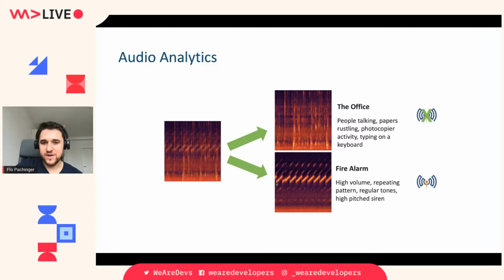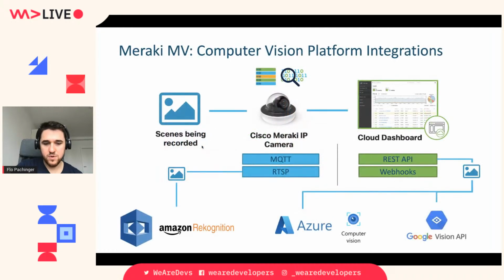There's a pattern: the siren goes up, down, up and down. The machine learning algorithm noticed this repeating pattern, as you can see here on the left in the background, and then it detects, hey, there is an alarm going on. Cool. So with that being said, this is basically the overall architecture of what you can do.